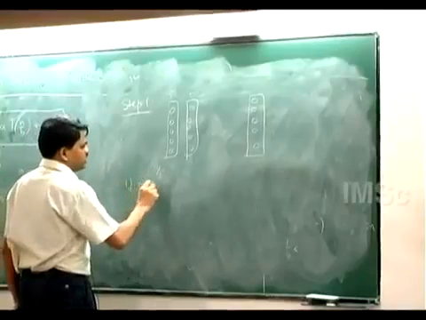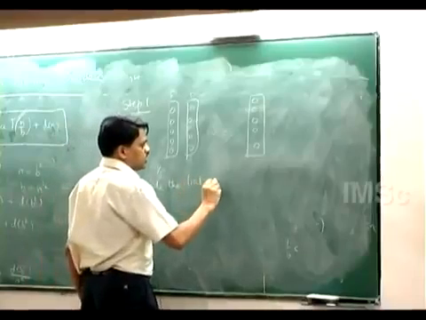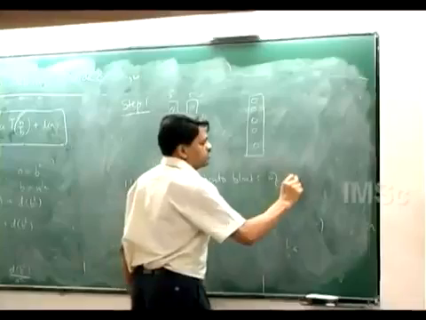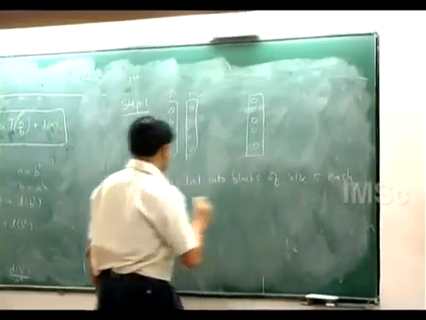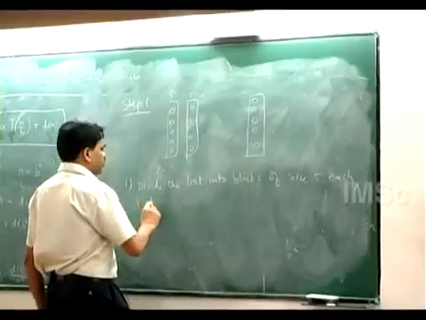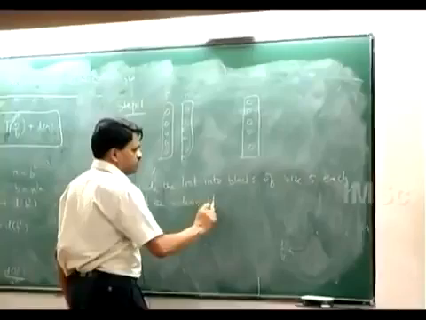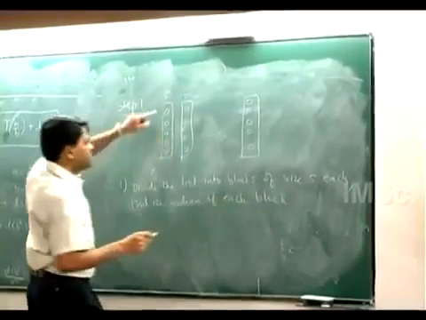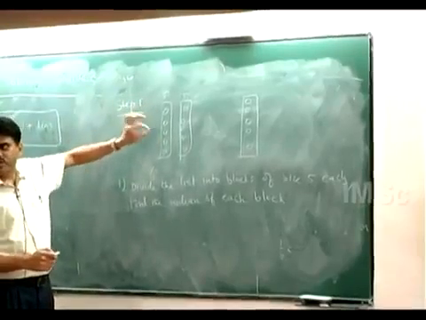So step 1: divide the list into blocks of size 5 each and find the median of each block. So the median out of these 5 elements, do your comparisons, find the median.